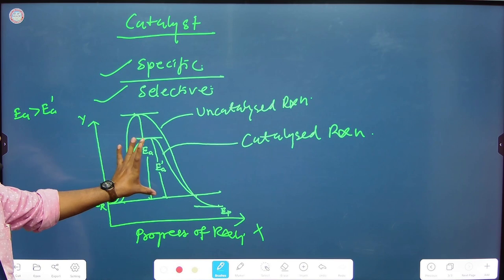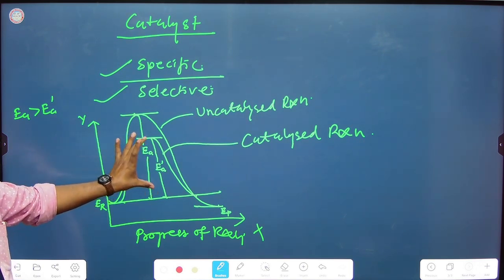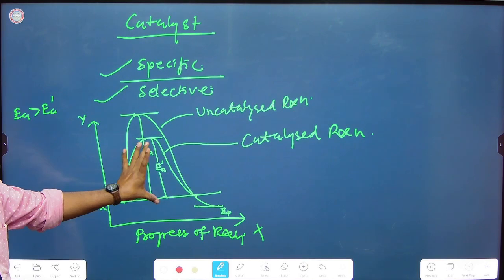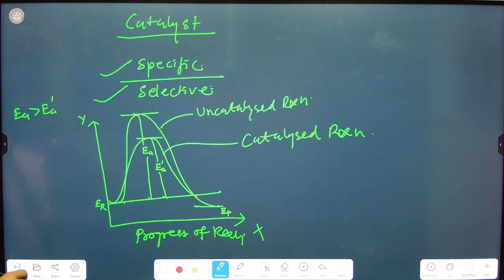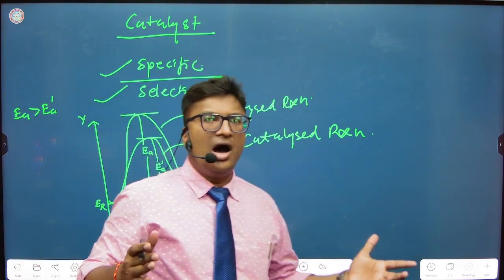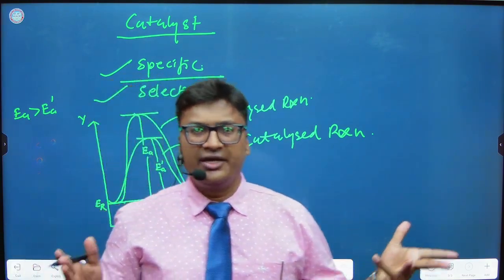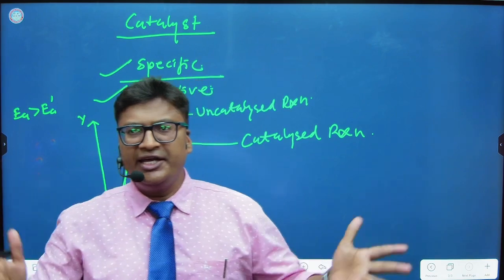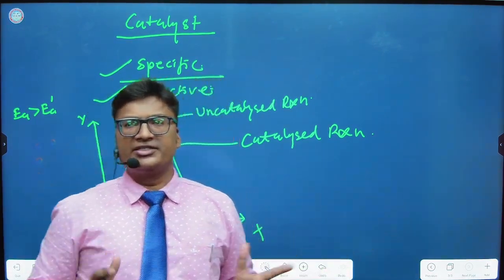Here this height indicates the activation energy, which is reduced from this to this. So the main or chief role of the catalyst is to decrease the activation energy of the reactions, right?